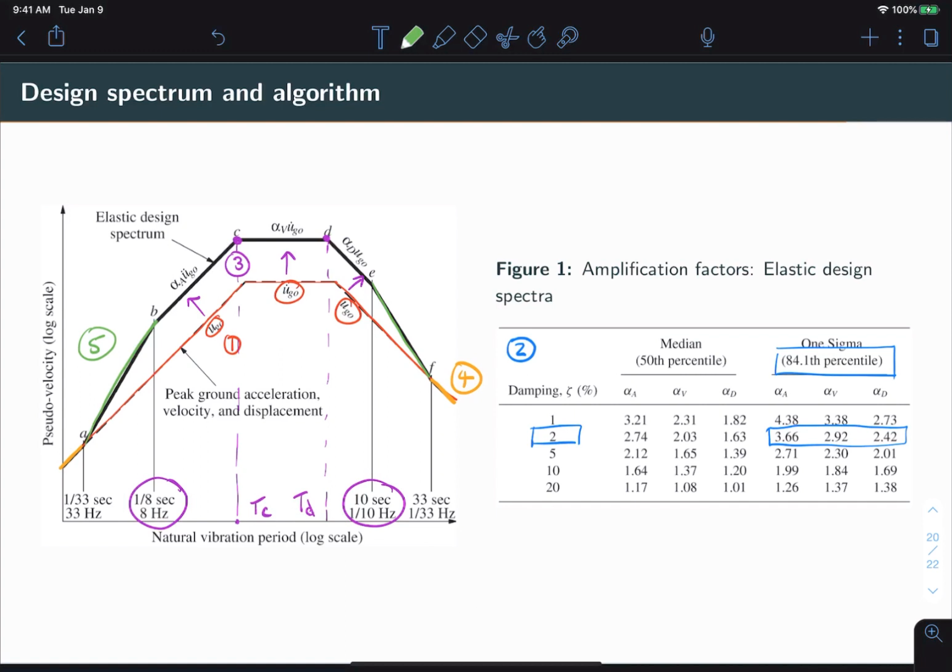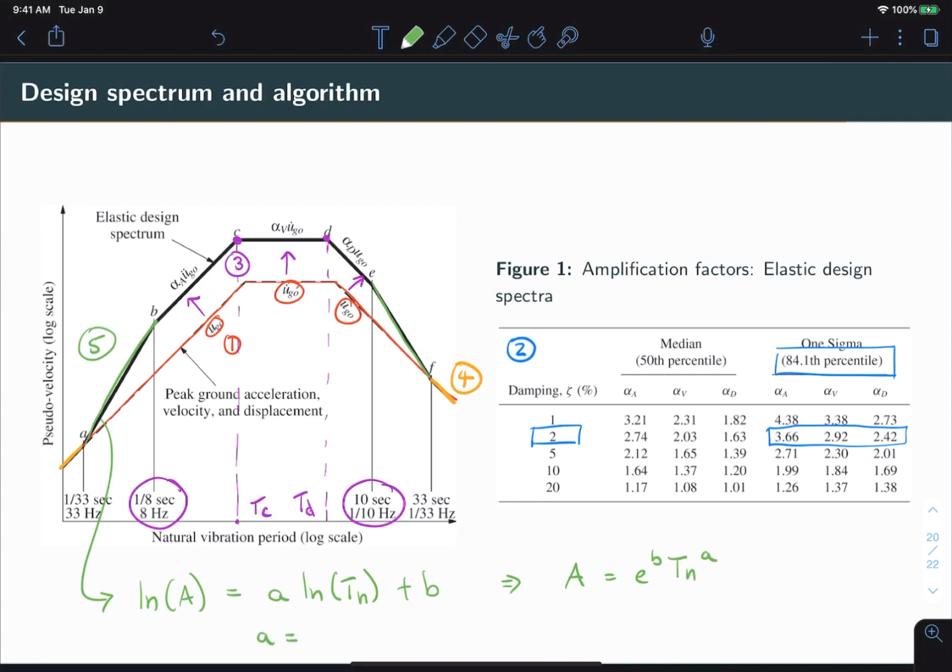So in the case of AB, we can state that the log of A, the pseudo-acceleration, is equal to some slope value a times the natural log of the natural period plus some y-intercept value b. Alternatively, we can express that as A is equal to e to the b times Tn to the value a.